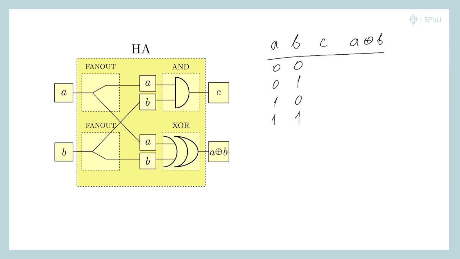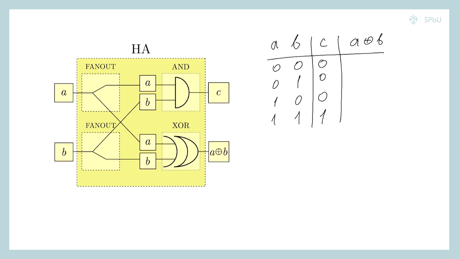And complete the truth table. When both of the bits at the input are equal to 0, then the bit C also equals 0. If bit A equals 0 and bit B equals 1, or bit A equals 1 and bit B equals 0, bit C equals 0. And if both of the bits at the input equal 1, bit C equals 1.